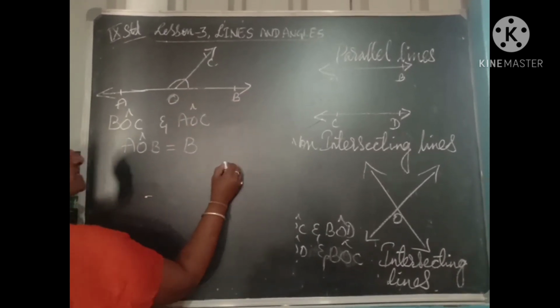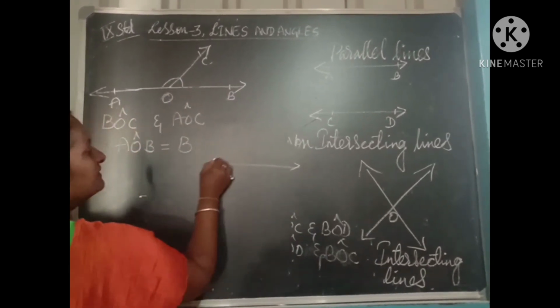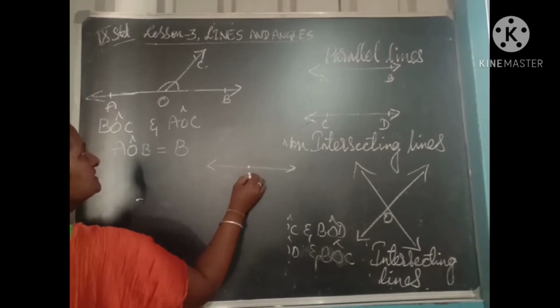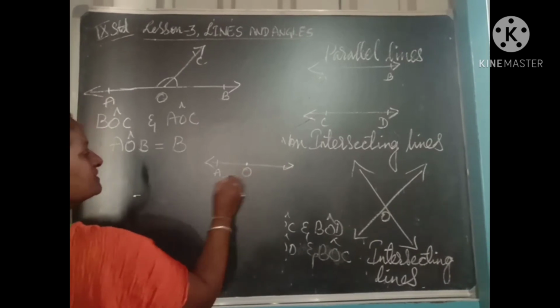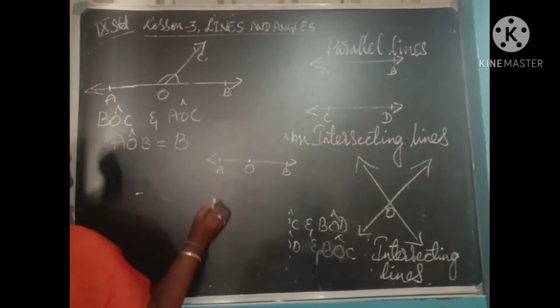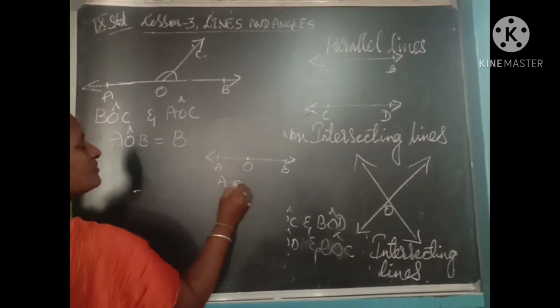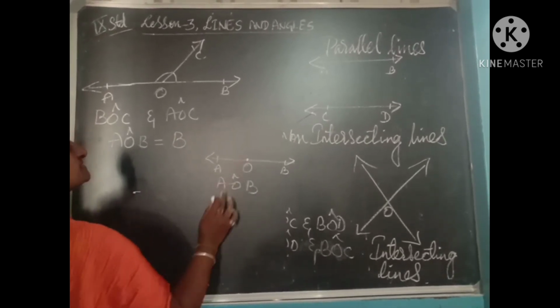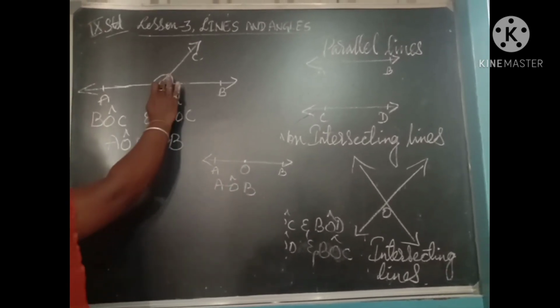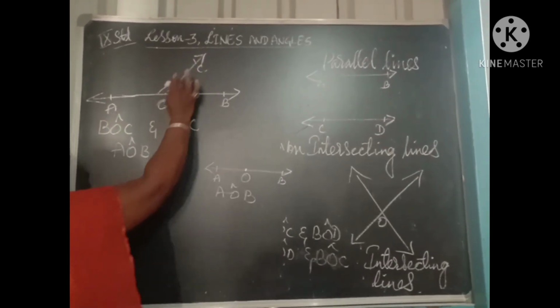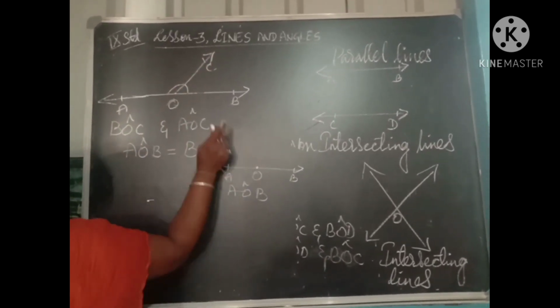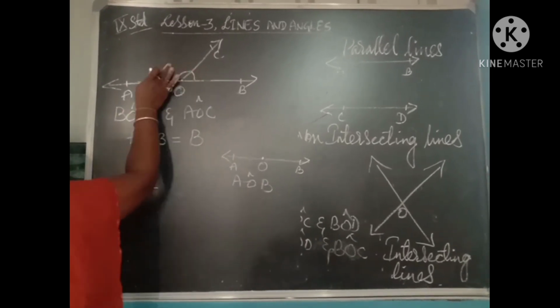Just observe here. This is a line. Let us call this point A, and this is O, and B. Now just see here, AOB. This is an angle. When we draw a common arm here like this, this arm separates this angle into two parts.